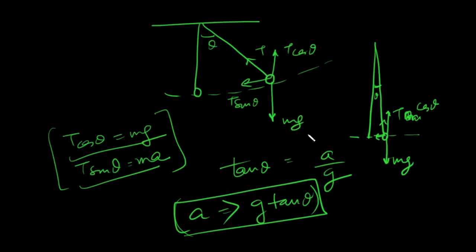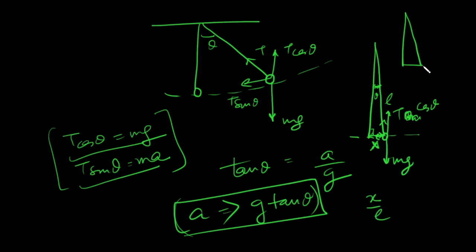So what is tan theta? If a minor displacement has occurred and the angle is very small, consider this is x. Then tan theta would be equal to x over L.